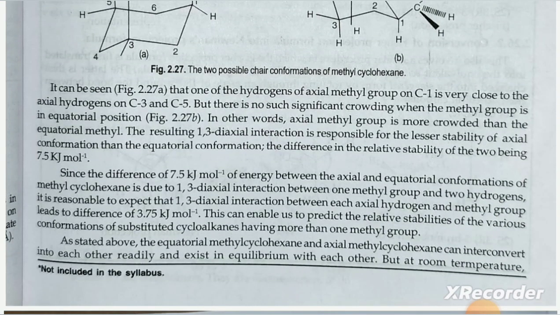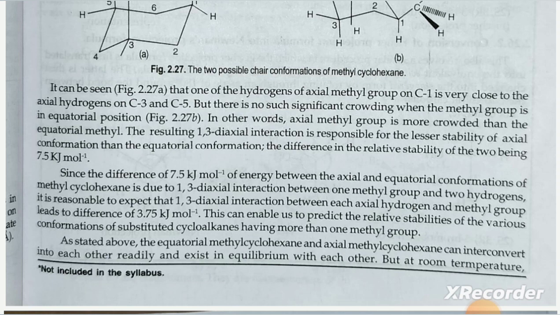It can be seen, figure 2.27a, that one of the hydrogen of the axial methyl group on C1 is very close to the axial hydrogen on C3 and C5, but there is no such sufficient crowding when the methyl group is in equatorial position, figure 2.27b. In other words, axial methyl group is more crowded than the equatorial methyl.